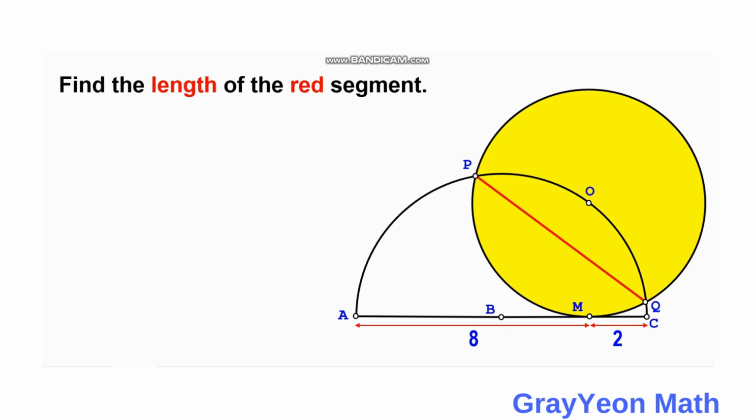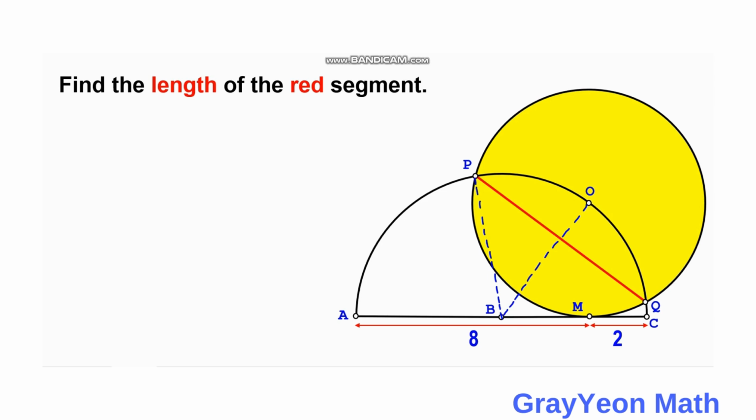Okay, so first thing that we can do is draw the radius of this semicircle. So from P to the center B, and from O to the center B. So from O to B is the radius also.